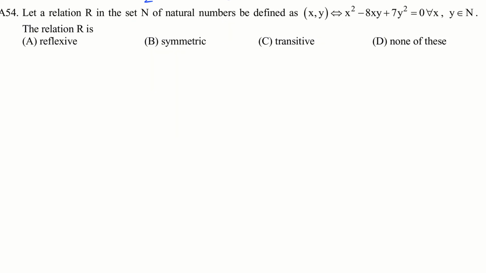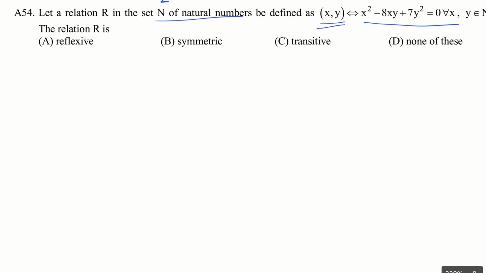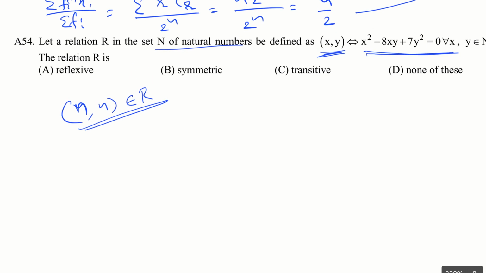In this problem, this is a pretty obvious one. The ordered pair x comma y will be there in the relation only when this is satisfied. So you can see that if you take any integer n, because it is defined on the set of natural numbers, then n comma n will be there in the relation, because the condition it has to satisfy for an ordered pair x comma y to be in the relation is this one.